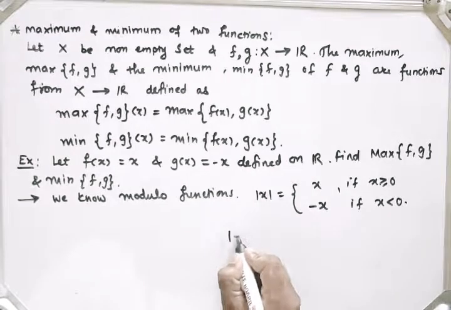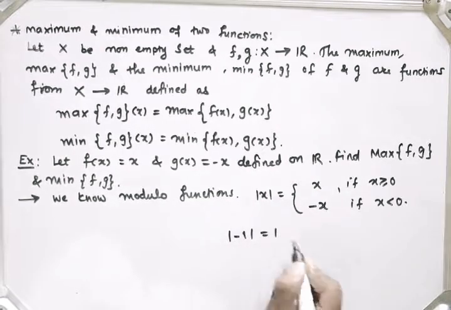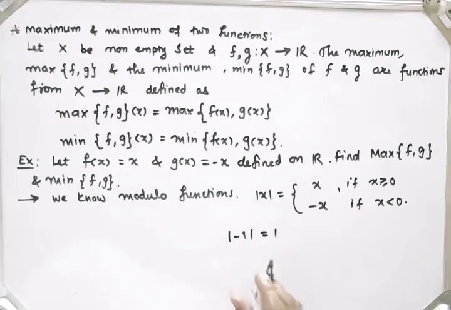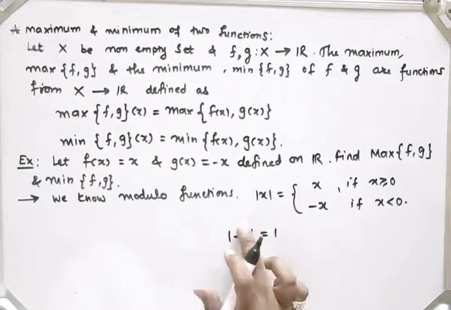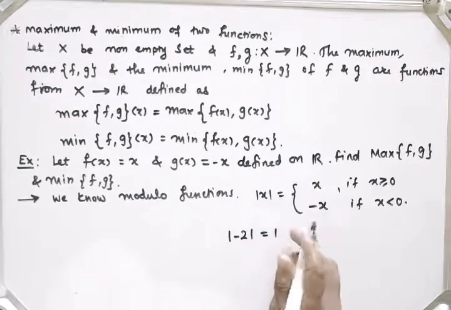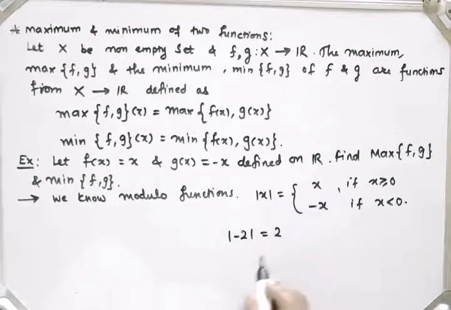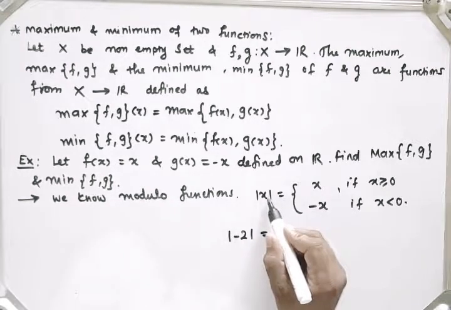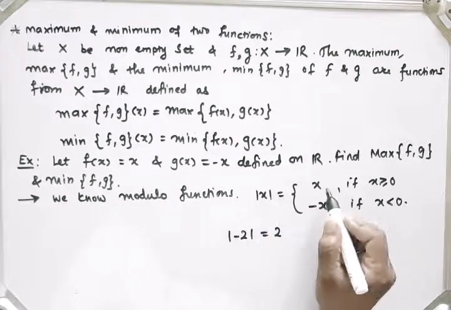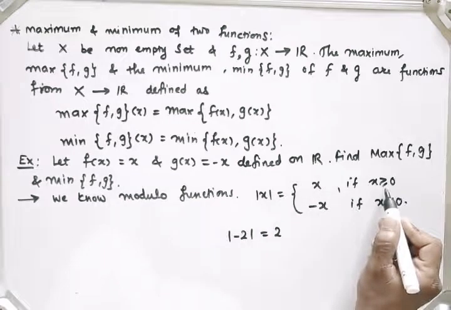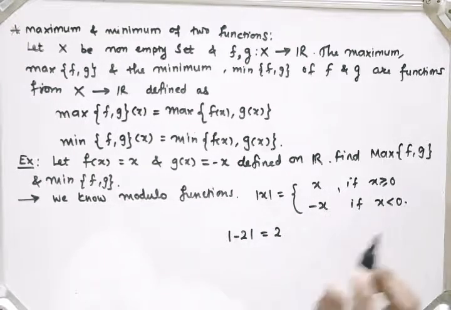Means the modulus of a negative number is always positive. Here I will take X equal to minus 2, so modulus of minus 2 is always 2. What is the definition of the modulus function? Mod X is equal to X if X is greater than or equal to 0, minus X if X is less than 0.